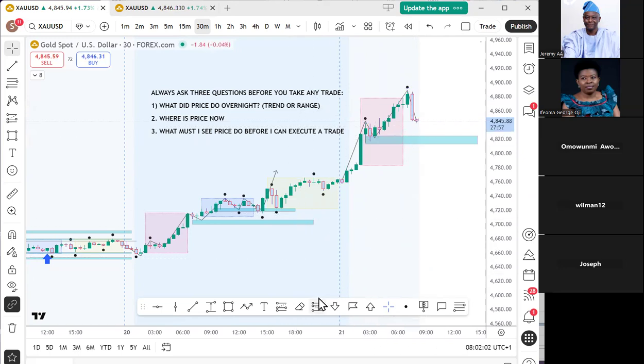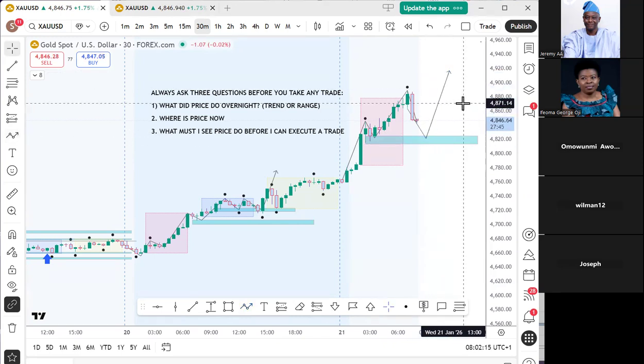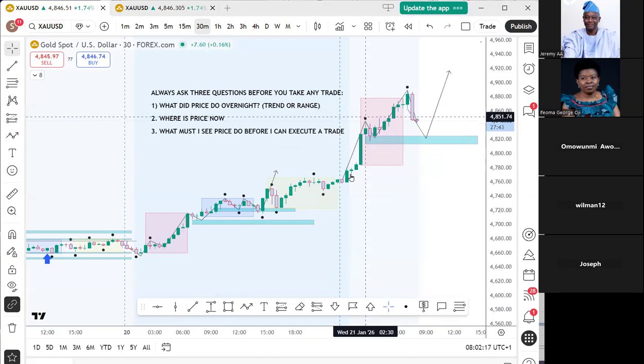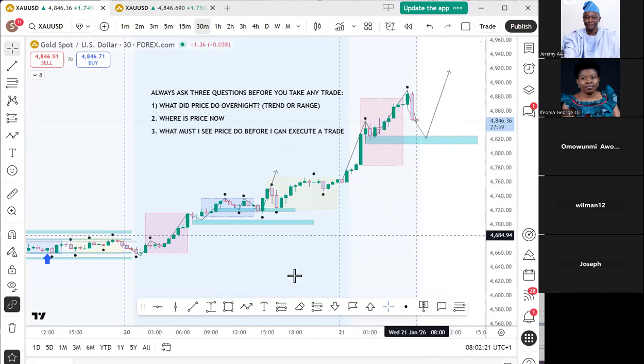So if I want to follow the trend, I can wait to see, because this is a nice bearish engulfing candle, right? I can then wait to see if it will come here and then bounce back up. Okay, that's one option. Another option, remember our trading process. We are looking at three kinds of setups.